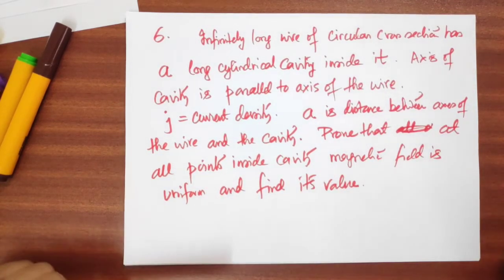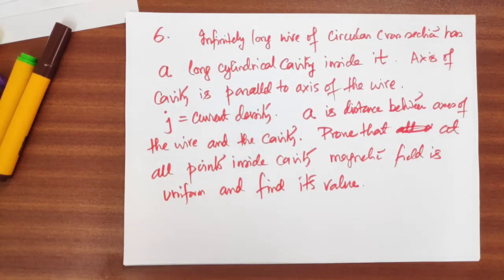So please read the question properly. An infinitely long wire of circular cross section has a long cylindrical cavity inside it. The axis of the cavity is parallel to the axis of the wire.